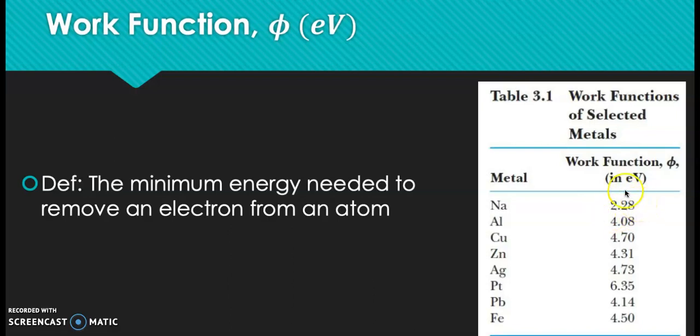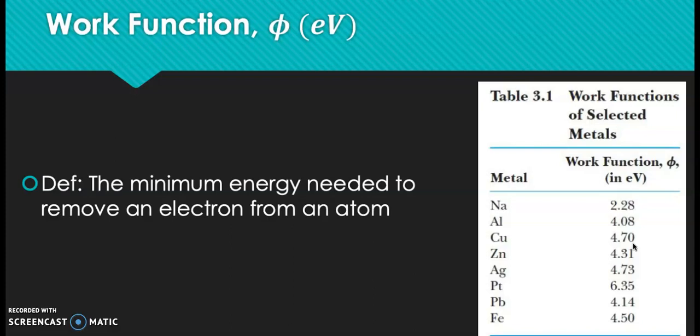So once we had more than that, the electrons could escape the bonds and be ejected using the photoelectric effect. But for copper, I needed to put in ultraviolet light. It needed to have more energy in order for the electron to escape that atom.